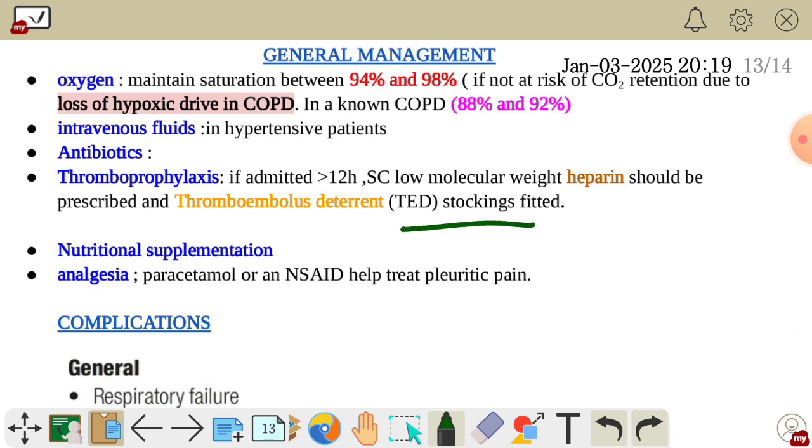You give these stockings to squeeze the legs so that we do not have stasis of blood in the lower limbs especially. Another management we can do is give nutritional supplementation and analgesia if there is chest pain, so we give paracetamol or an NSAID to help treat the pleuritic pain.